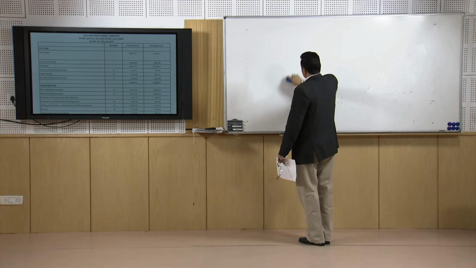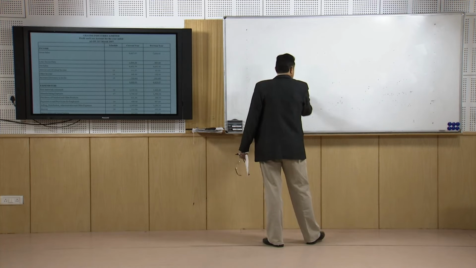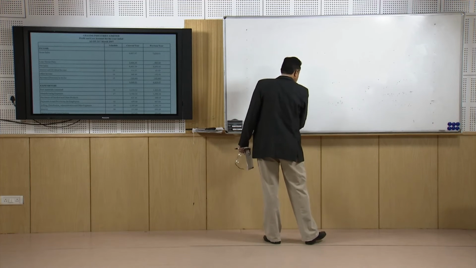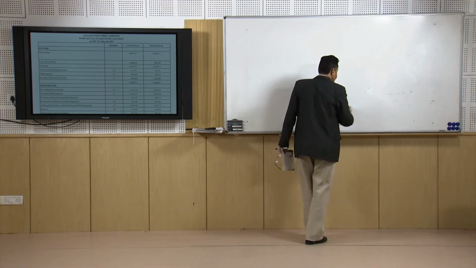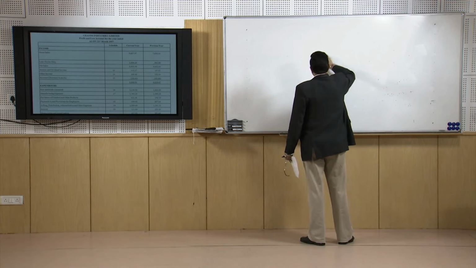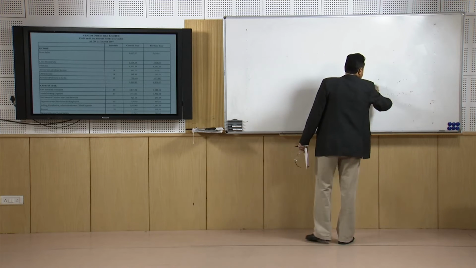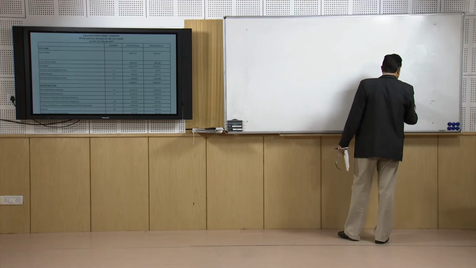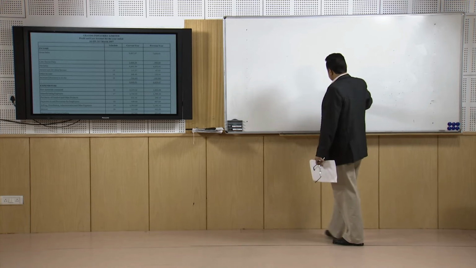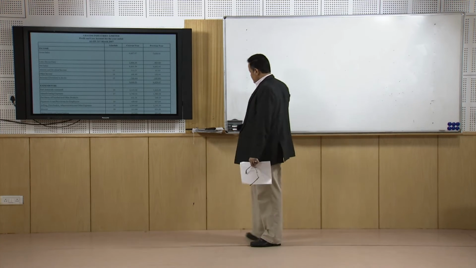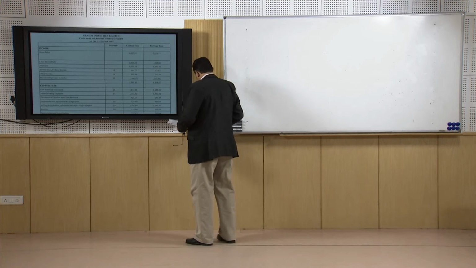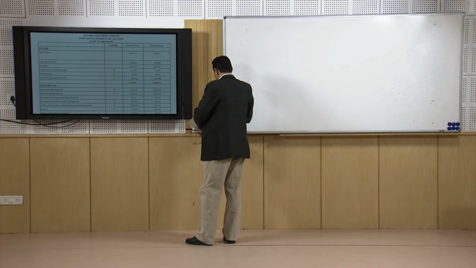We will learn how to calculate the NAV, the interest coverage ratio, and the debt service coverage ratio. These three ratios will tell us about the overall solvency position of the firm.